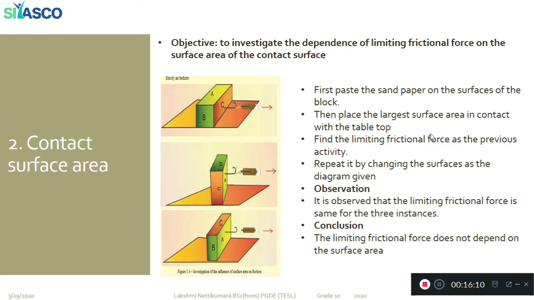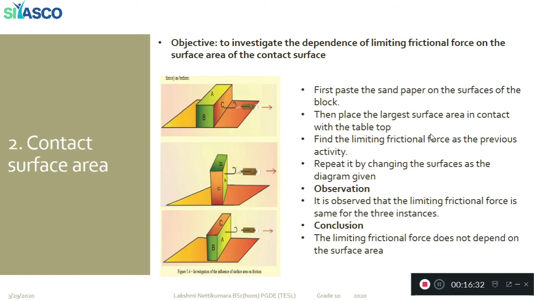Now, as mentioned earlier, I have mentioned three things: nature of the surface, area of the contact surface, and the perpendicular reaction. Now let's see whether the contact surface area has any impact on the frictional force.